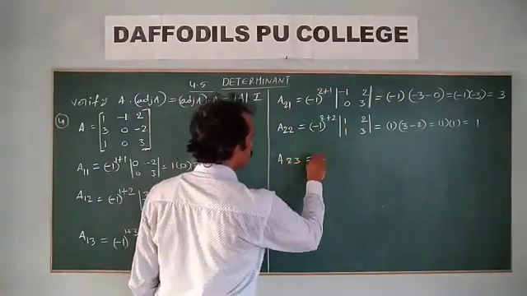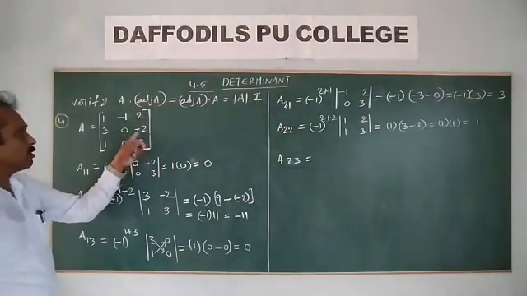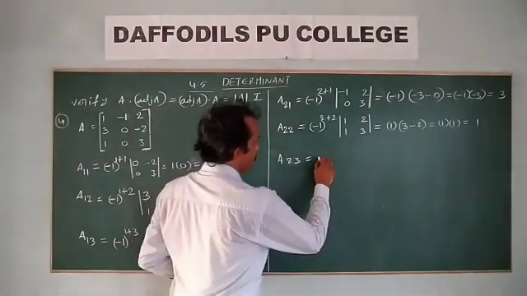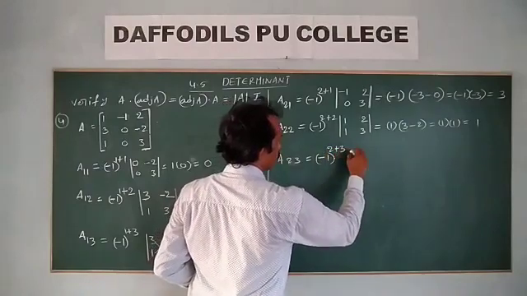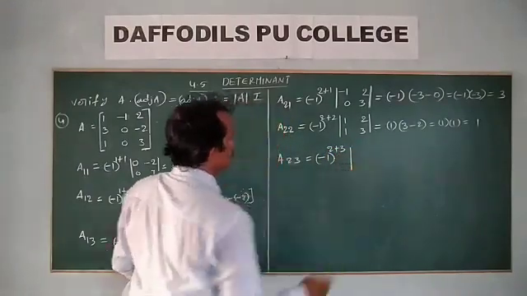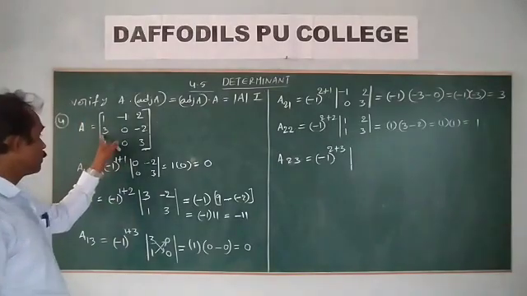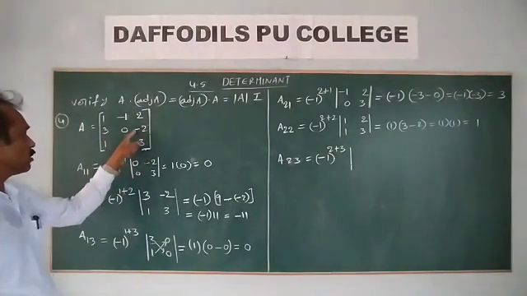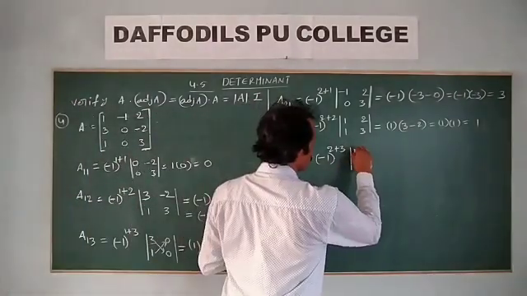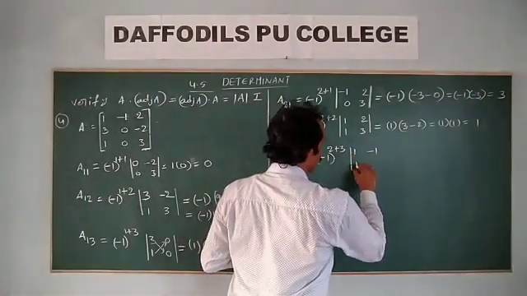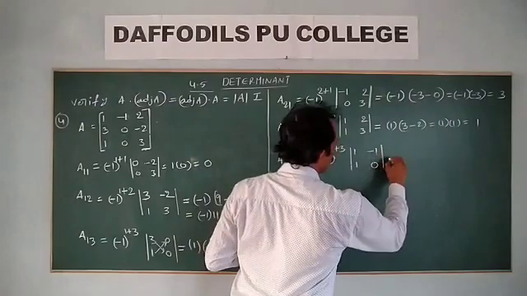A23, this element. A23 is minus 1 to the power of 2 plus 3, and its minor. Deleting this row and this column, the minor is 1 minus 1, 1 0.